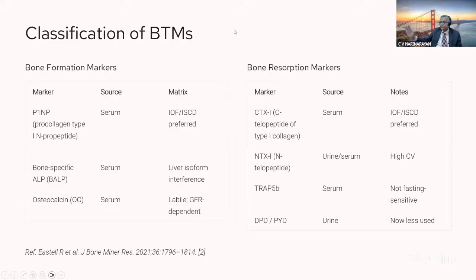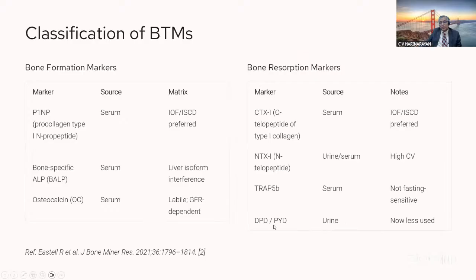Then the bone resorption markers are CTX, NTX, the telopeptides of collagen type 1, where NTX is in the urine and CTX is from the serum, TRAP, and deoxypyridinoline cross-links in the urine.